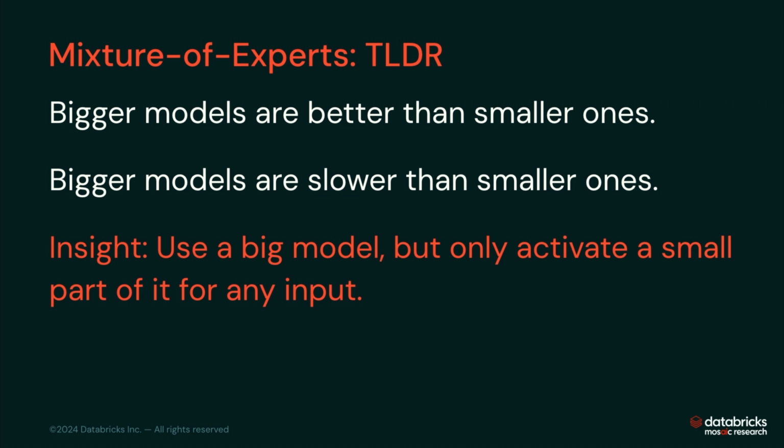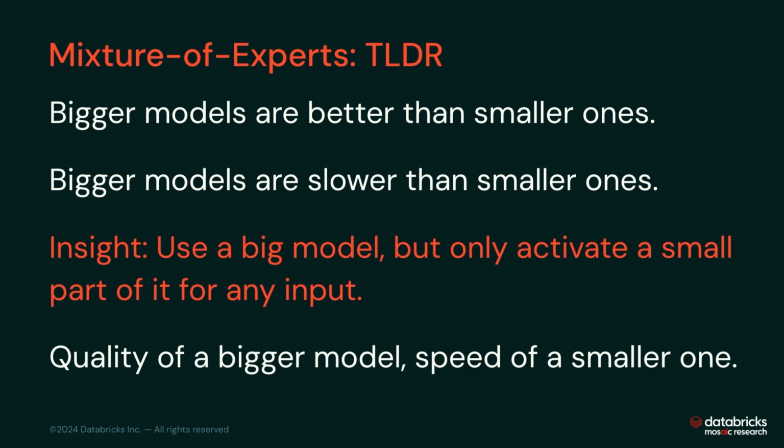So the basic idea of mixture of experts models is, can we have a bigger model, get the higher quality boost, but only activate a small fraction of it for every single input? And so you are able to increase the capacity of your model without necessarily increasing the serving cost per token. And that's what mixture of experts are. You end up getting the quality of a bigger model, but the speed and throughput per dollar of a smaller one.